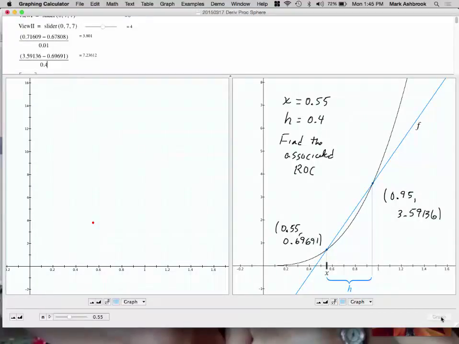I got 7.236. You got that? Did you get that? 7.236.